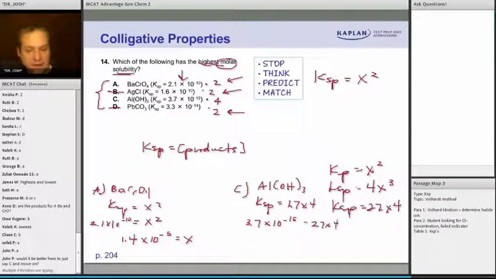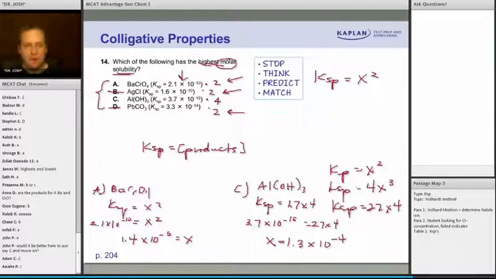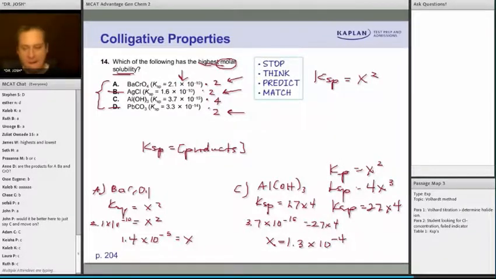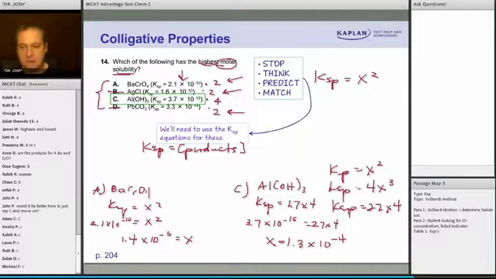If you do your math here, you end up with x roughly 1.3 times 10 to the negative 4. So which of those two has a better molar solubility? In this case, it's going to be C.